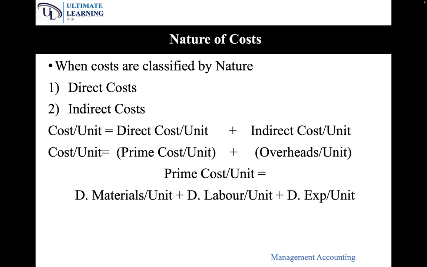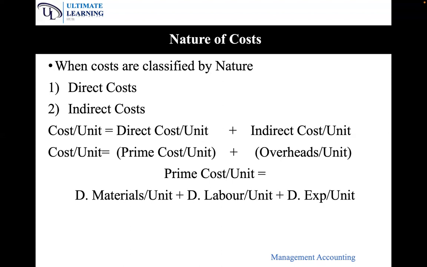In chapter 2, we said direct costs are costs traceable to a specific cost unit. Direct costs are also known as prime costs. On the other hand, indirect costs are costs not traceable to a specific cost unit, and these are also known as overheads.